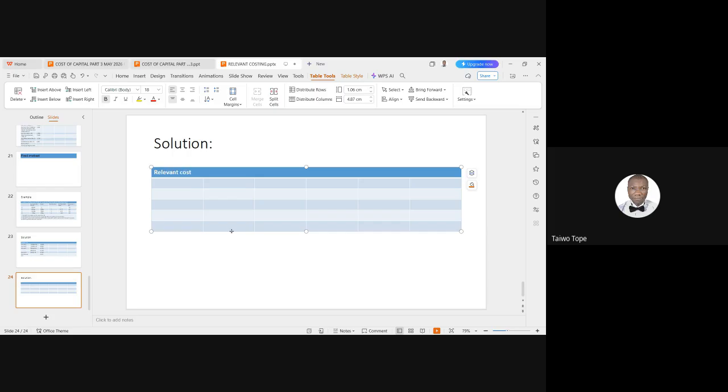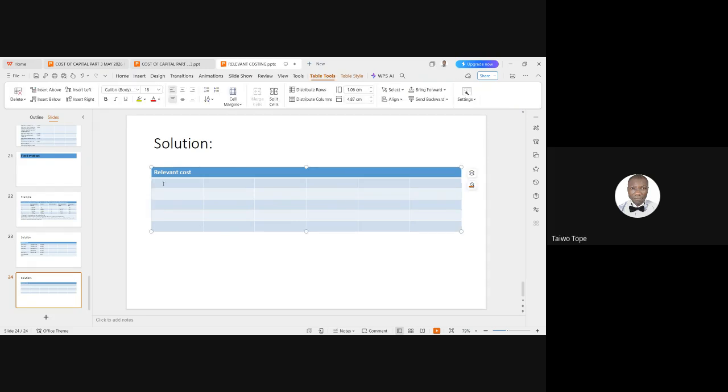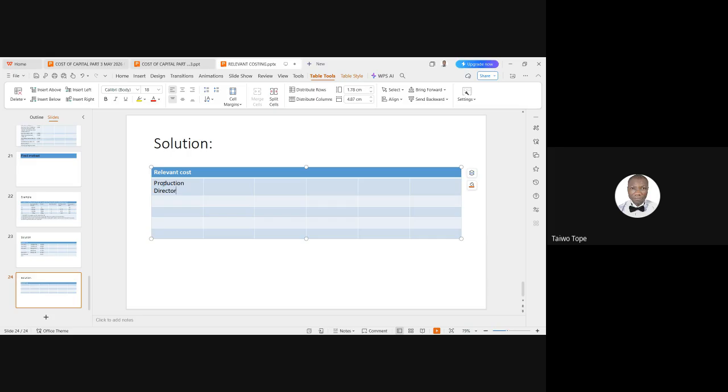So the production director's salary, you can choose not to write it, you understand, but as I'm putting it, I'll just put nil. Production director's salary, because it's not relevant.